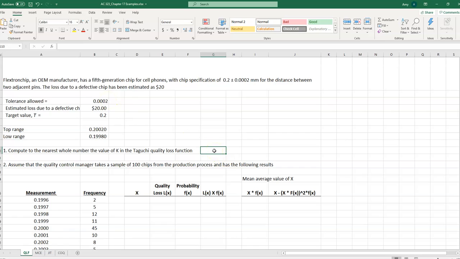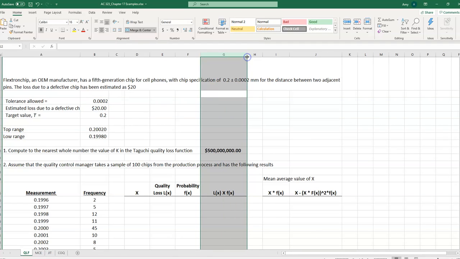So for k, we have $20 divided by the tolerance allowed squared, or to the second power. So our value is $500 billion. That's the whole number loss in our Taguchi cost function given this information.